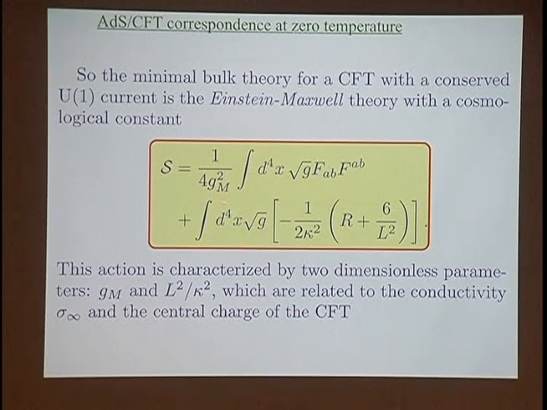The g is a dimensionless number, like the fine structure constant, and the combination of Newton's gravitational constant and the cosmological constant is a dimensionless number. Those 2 dimensionless numbers correspond to the central charge of this conformal field theory and this number sigma of infinity, the high frequency conductivity, in the classical gravity approximation.